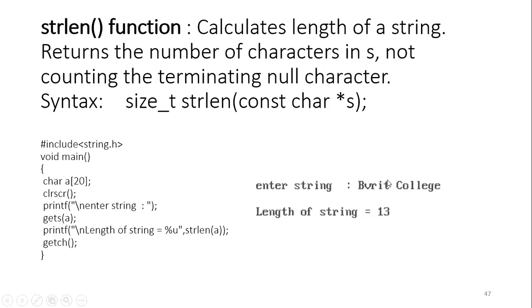Here the space is also counted as a character. So the total length of the string is 13. At the end of college, backslash 0 is appended by the compiler, but backslash 0 is not counted for the length of the string. The length of the string will contain only the characters, not counting the terminating null character.